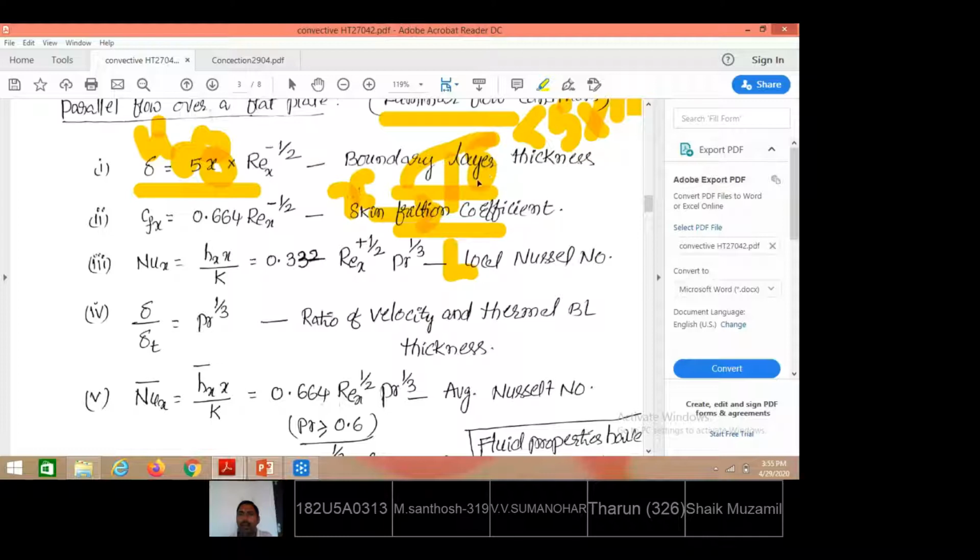How do you get it? That is the relation: 5x into Reynolds number to the power minus 1 by 2, or minus 0.5.